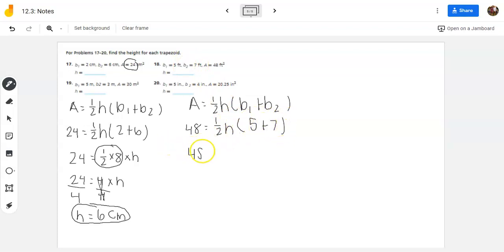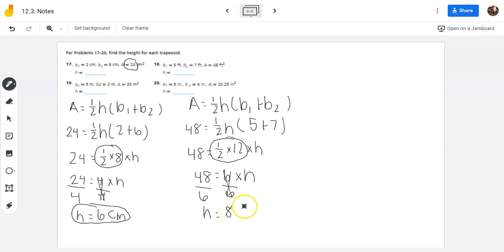I'm going to add first. 5 plus 7 is 12. Half of 12 is 6. So I have 48 equals 6 times h. The opposite of multiplying by 6 is dividing by 6. 48 divided by 6 is 8. So the height is 8 feet.